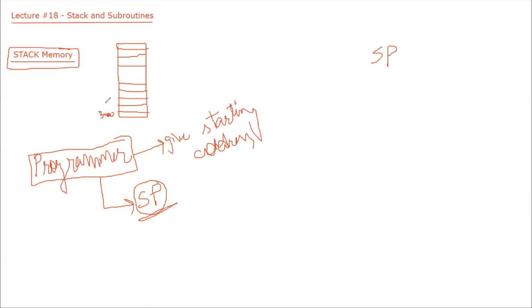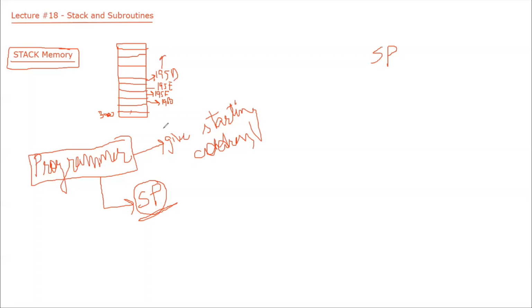Let's say this is 3000 and there are many other memory addresses in between. And let's say this particular address is 1960, then this address is 195F, then this address is 195E, then this address is 195D, and so on.